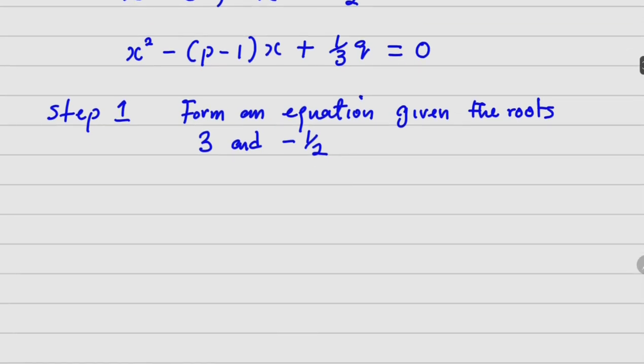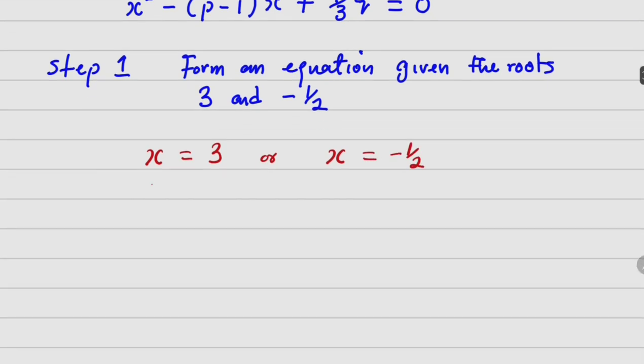What you have to do now is to say, okay, x is equal to 3, or x is equal to minus half. Bringing 3 down, this becomes x minus 3 equals 0, or in this case we cross multiply first so that we have 2x equals minus 1.